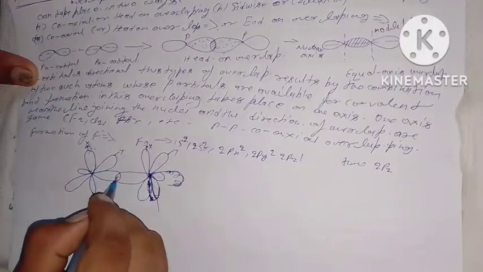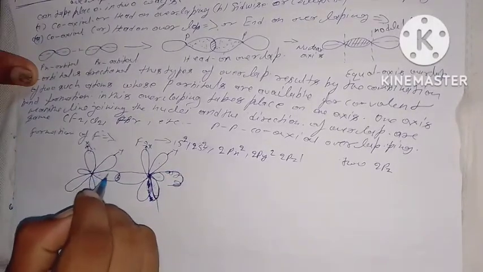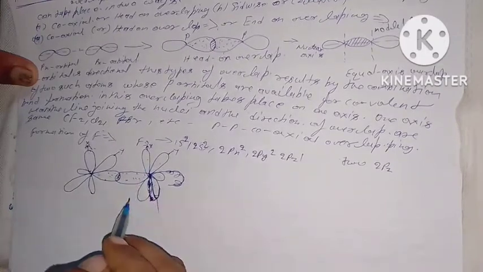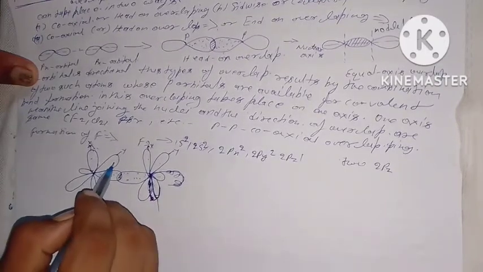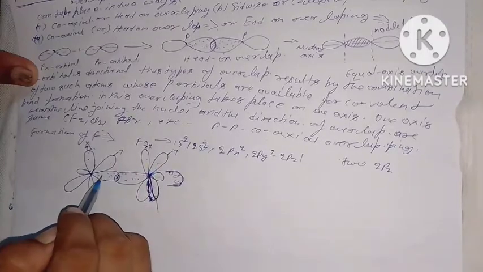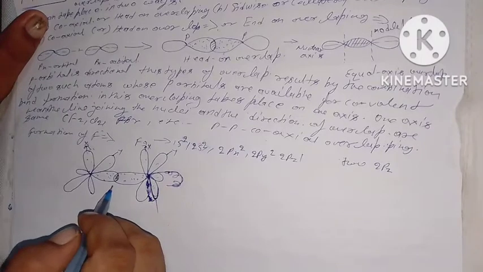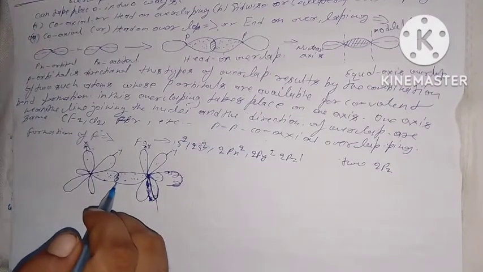Okay, this is an overlapping point. 2px, 2py, 2pz.